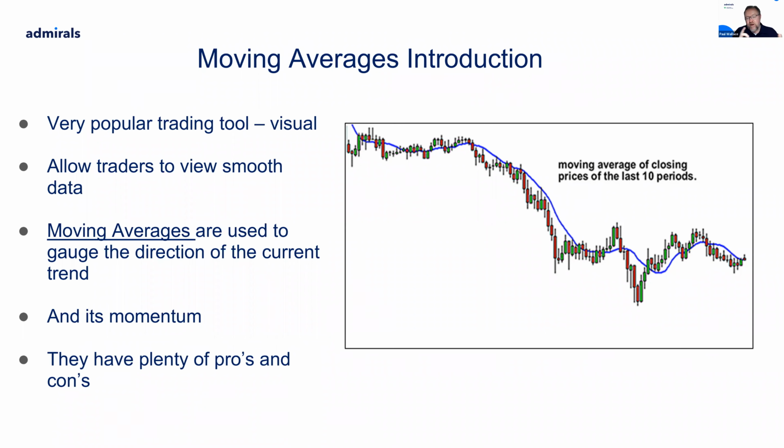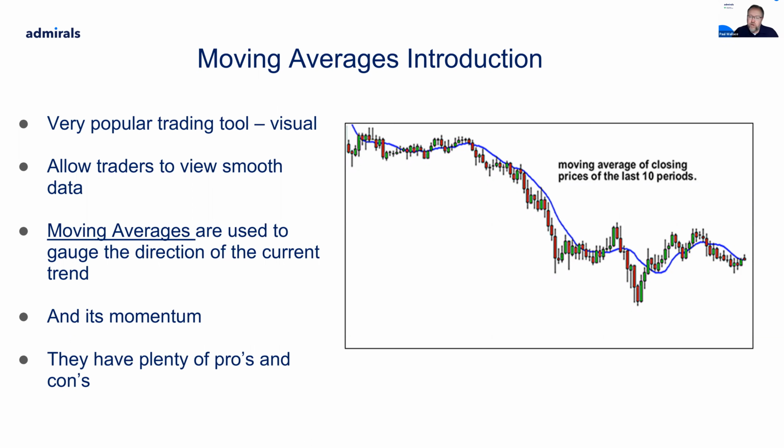Like any trading indicator, they have plenty of pros and cons, which I will share with you. You've heard me say very often, there is no perfection in trading. It's very much about understanding the pros and cons of a concept, of an asset class, of an indicator, and then being able to make a good, solid decision about how you could utilize that in your own trading, if at all.